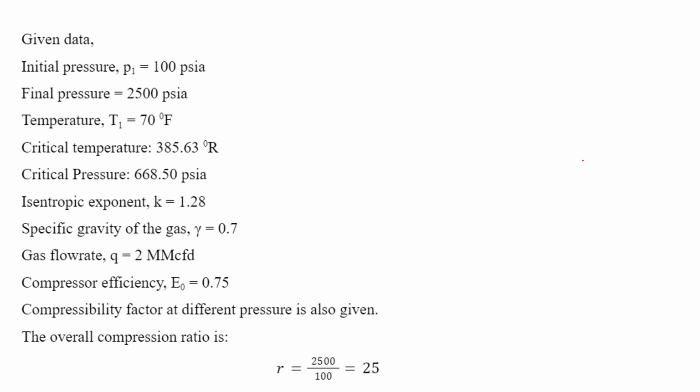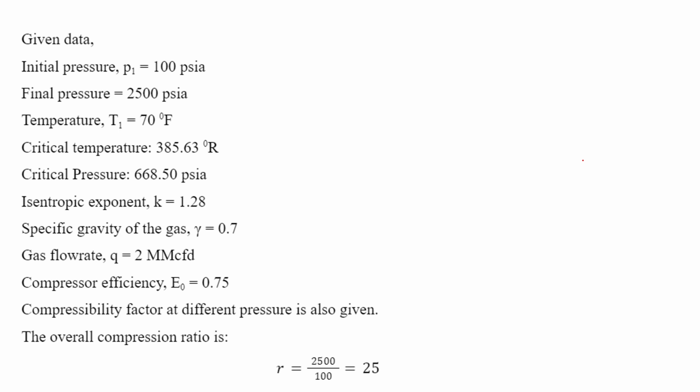Critical temperature 385.63 degrees Rankine, critical pressure 668.50 psi, isentropic exponent K given as 1.28, specific gravity of the gas equal to 0.7, gas flow rate 2 MMcfd, compression efficiency 0.75, and compressibility factor at different pressures is also given.